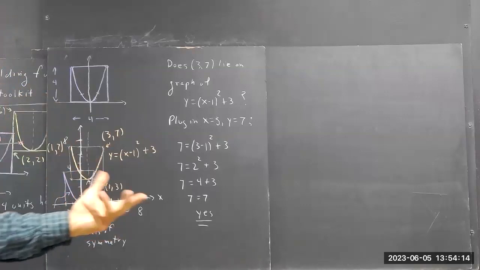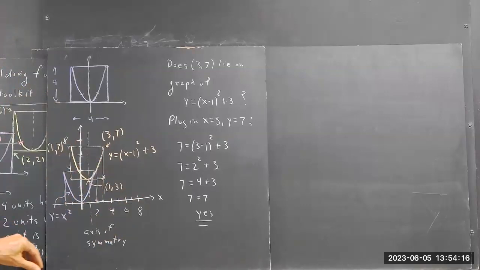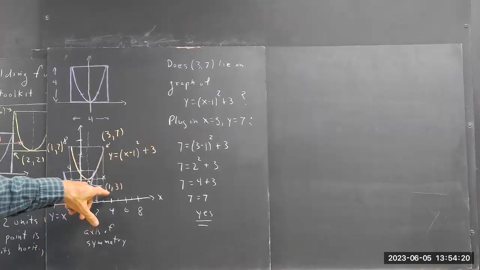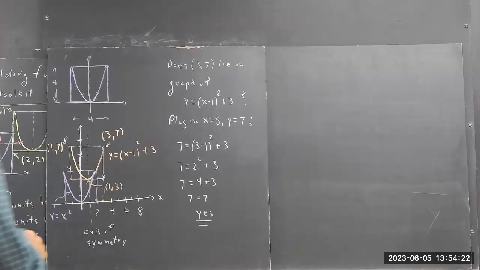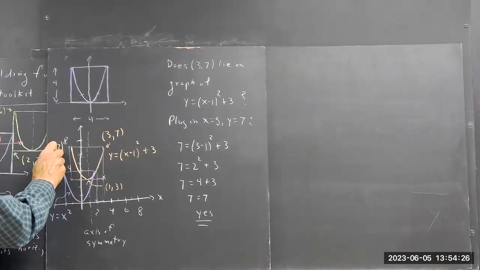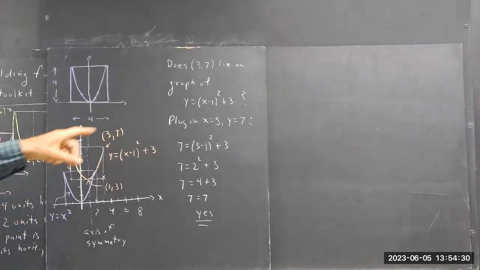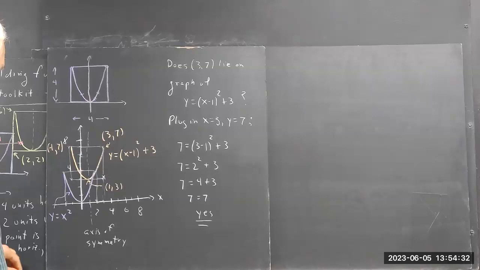I'm not going to do this for all of them, except since I made a mistake, I'll do 1, 3. And that 1, 7, it's negative 1, 7. 1, 7 would not work. If x is negative 1, that'll be 7.